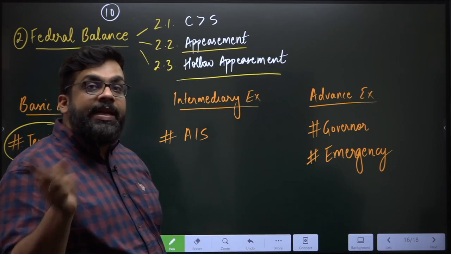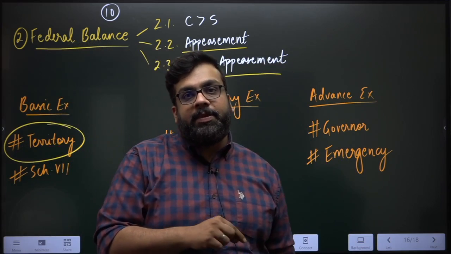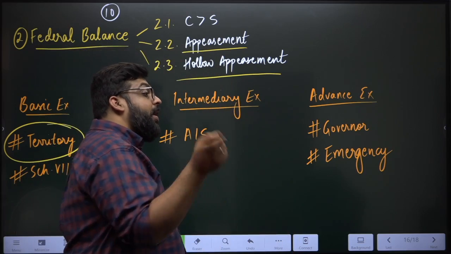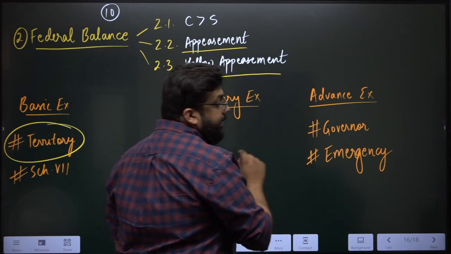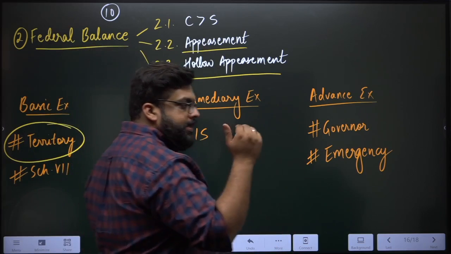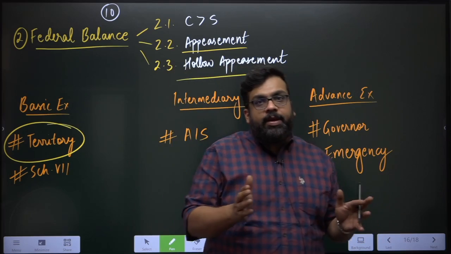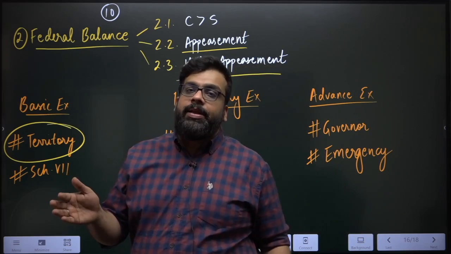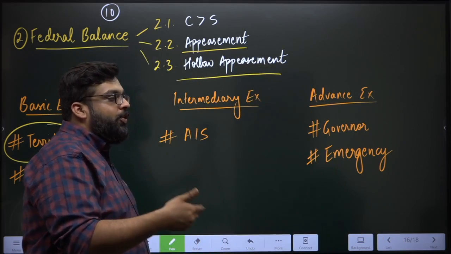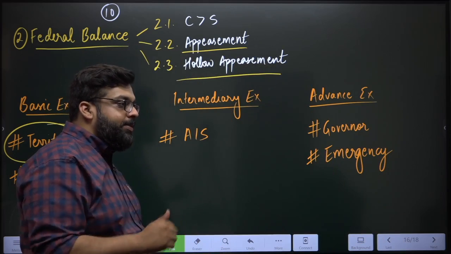The governor will never use that discretionary power against the interest of the center because the governor is appointed and removed by the center. Emergency, for example. State emergencies can run for a longer duration without parliamentary approval. Center stronger than the states. Appeasement.